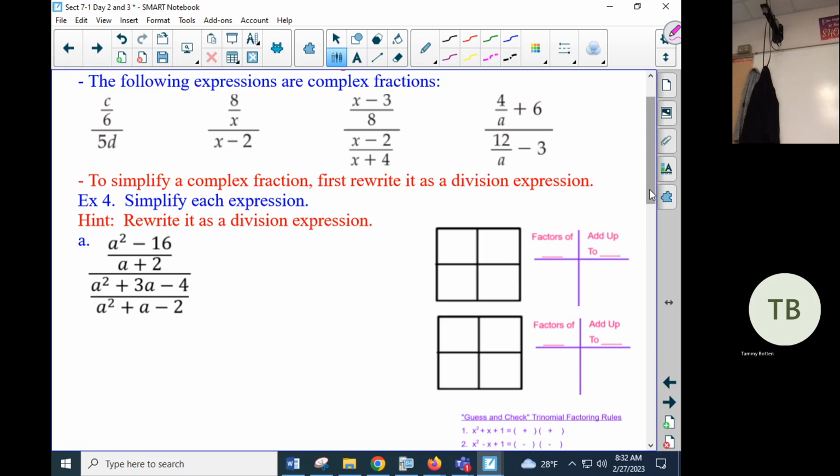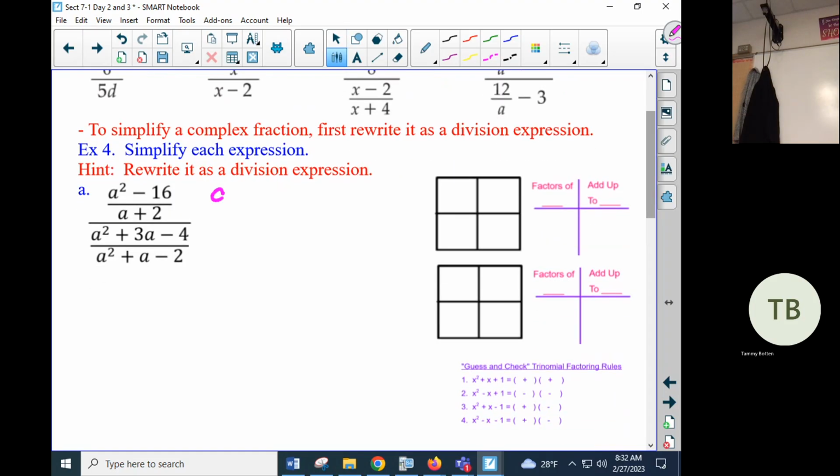So the first thing I would do there is I would just rewrite it. And when I do that, what I have is a squared minus 16 over a plus 2. And it is divided by a squared plus 3a minus 4 all over a squared plus a minus 2.